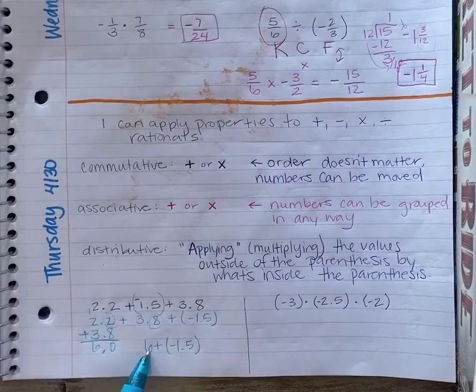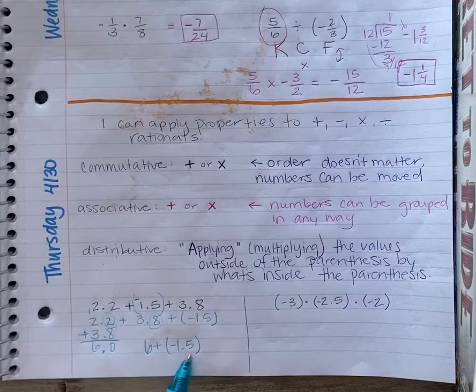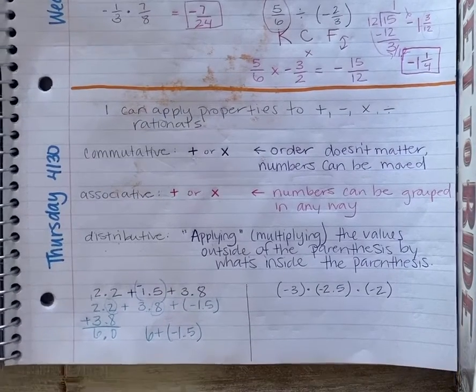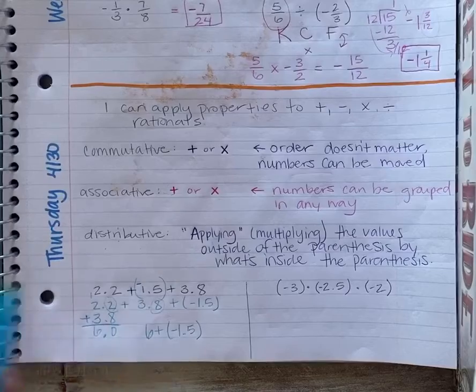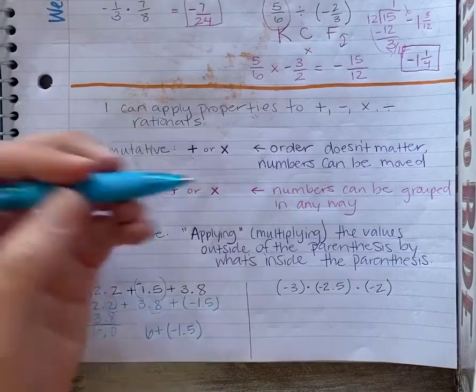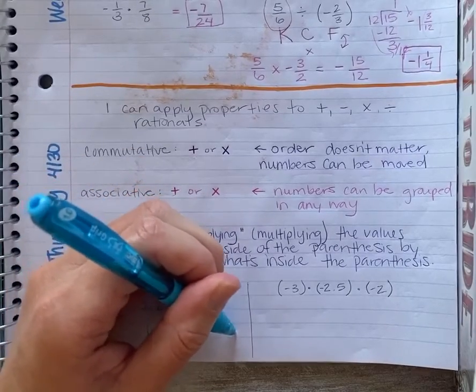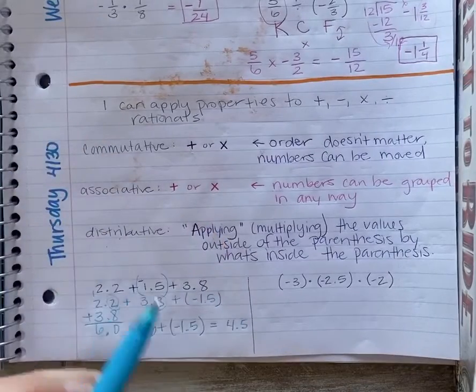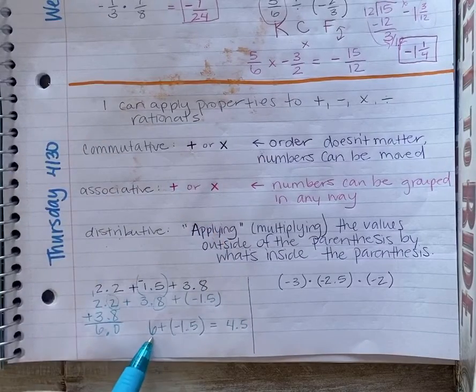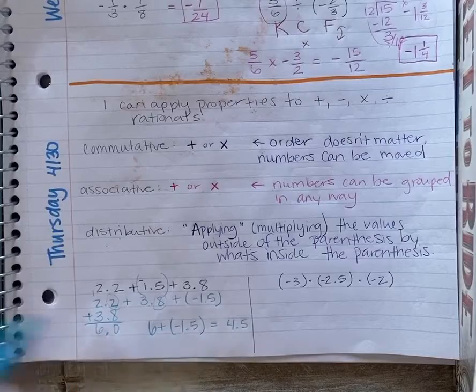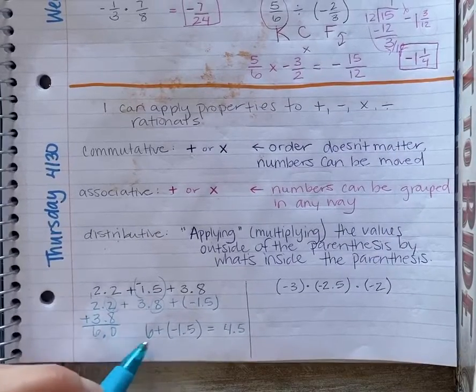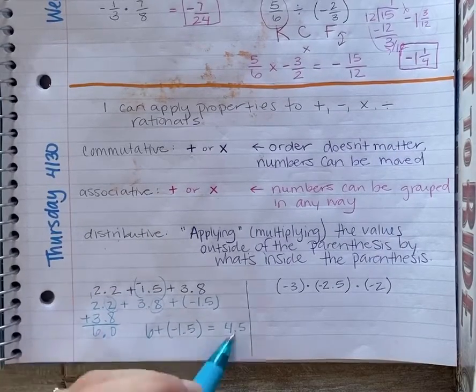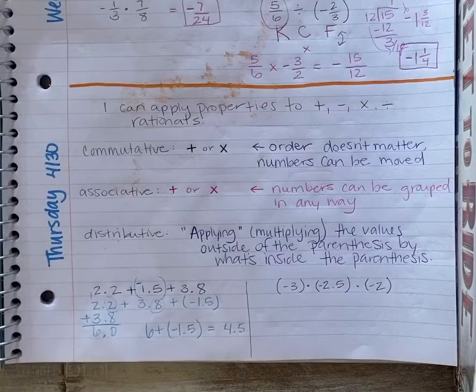So you can see here that we have two different signs. We have a positive and we have a negative. So we're actually going to subtract them. 6 minus 1.5 is 4.5. And then I'm going to use the sign of the bigger number. So I have 6 and I have 1.5, and you can clearly see that 6 is the greater number and it's a positive. So that means that my answer becomes a positive.